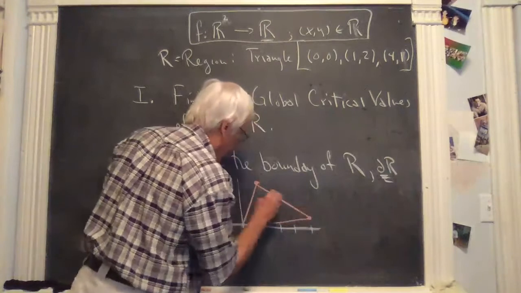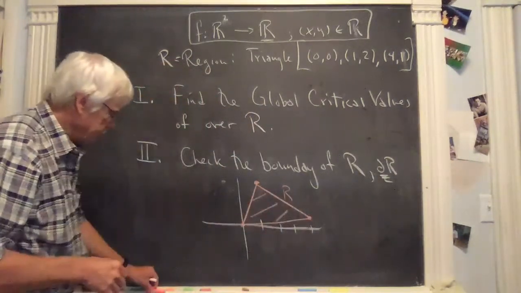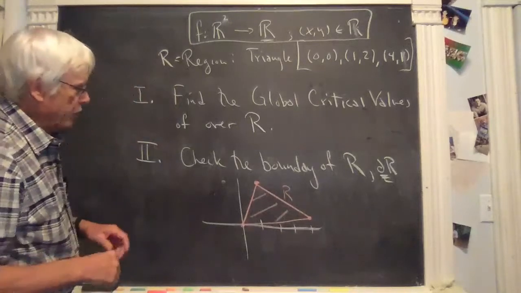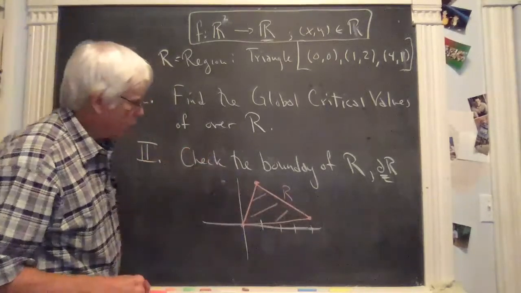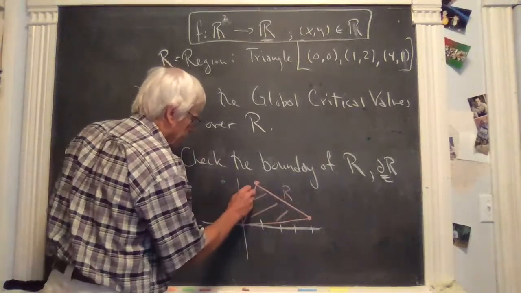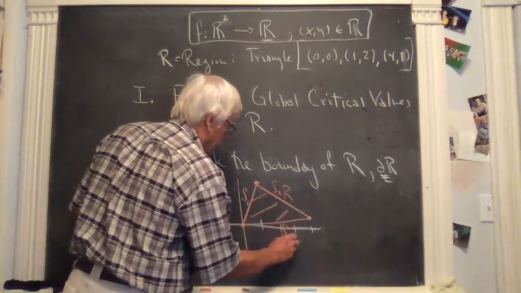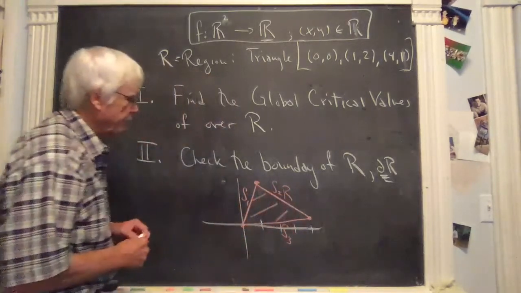So there is our triangular region R that we're dealing with for this problem. And I want to know how to describe the boundary. The boundary consists of 3 segments. Segment 1, segment 2, and segment 3. They all work the same.